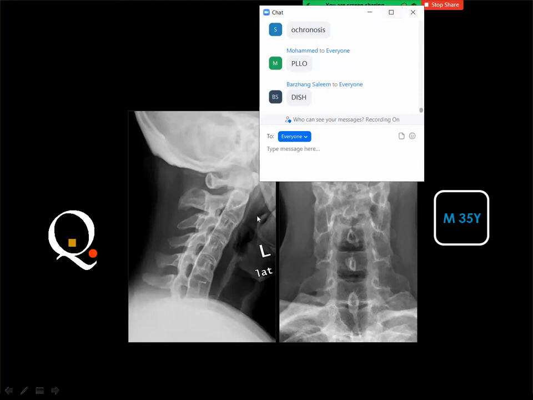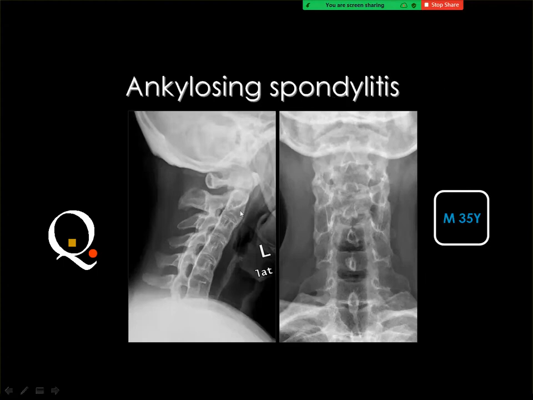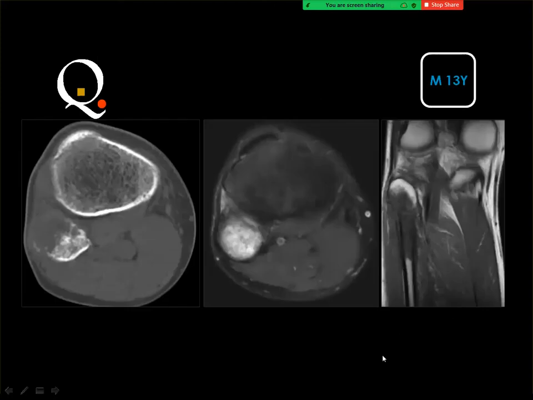DISH means extensive ossification of the ligaments, and this is simply ankylosing spondylitis of the cervical spine. And you see some calcification of the anterior longitudinal ligament as well as the posterior longitudinal ligament, obliteration of most of the neurocentral joints as well as the facet joints, and these are the classic findings in cases of ankylosing spondylitis.